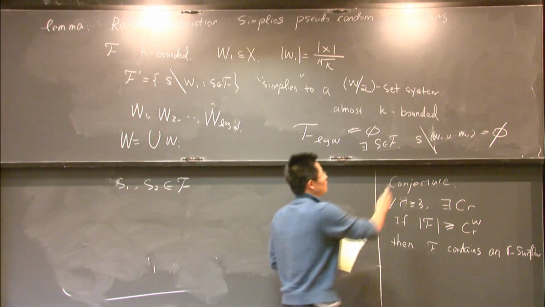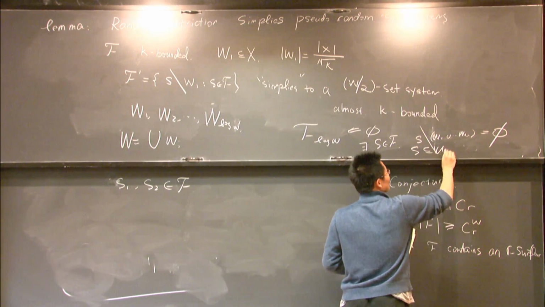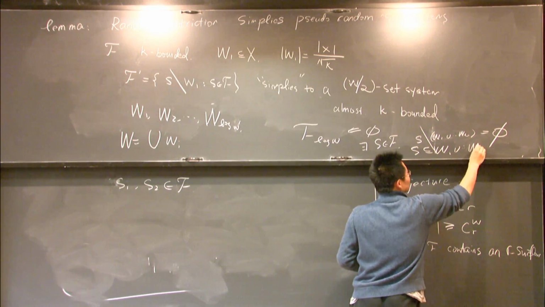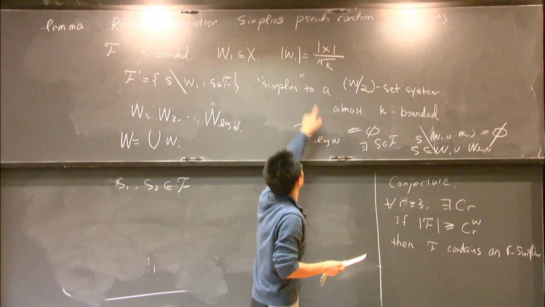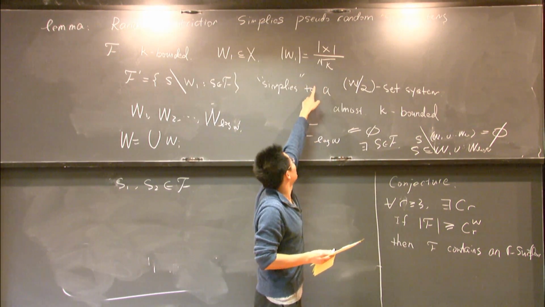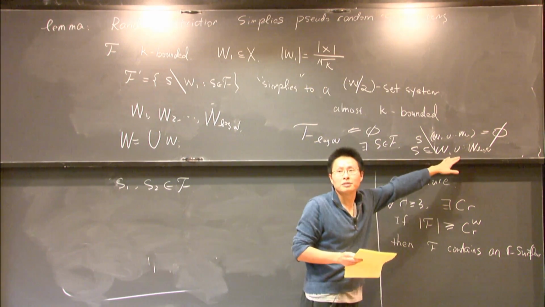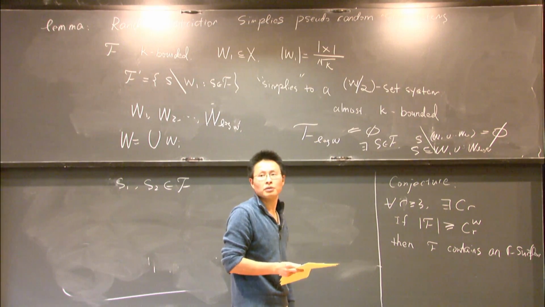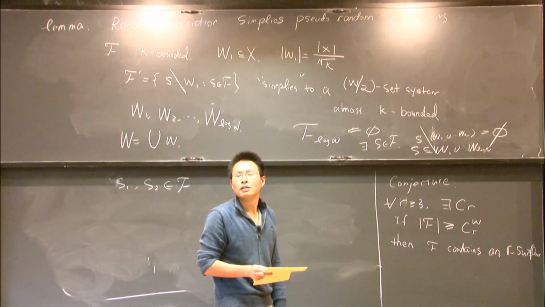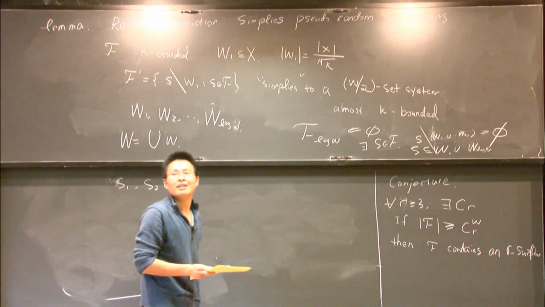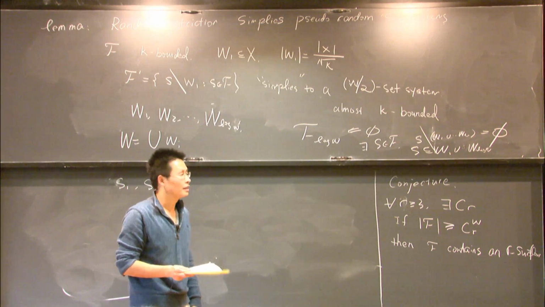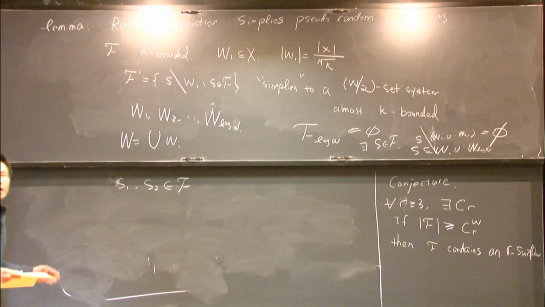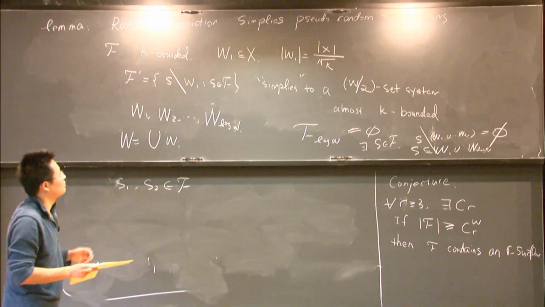So S is a subset of W1 union through W log W. Each set has size x over log W over square root kappa, and we have log W sets. Then by multiplication, this will be just one of the sets, or the other sets will be covered by the other lemma. Okay, now we're going to introduce what the simplified means.